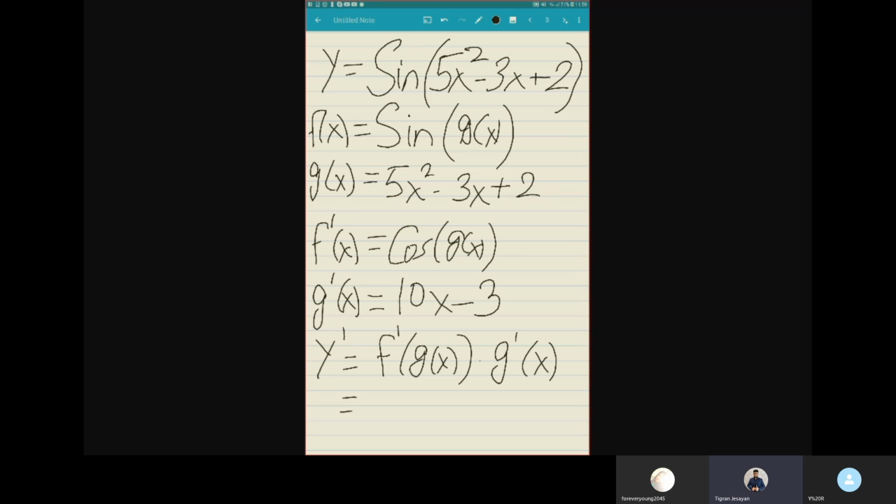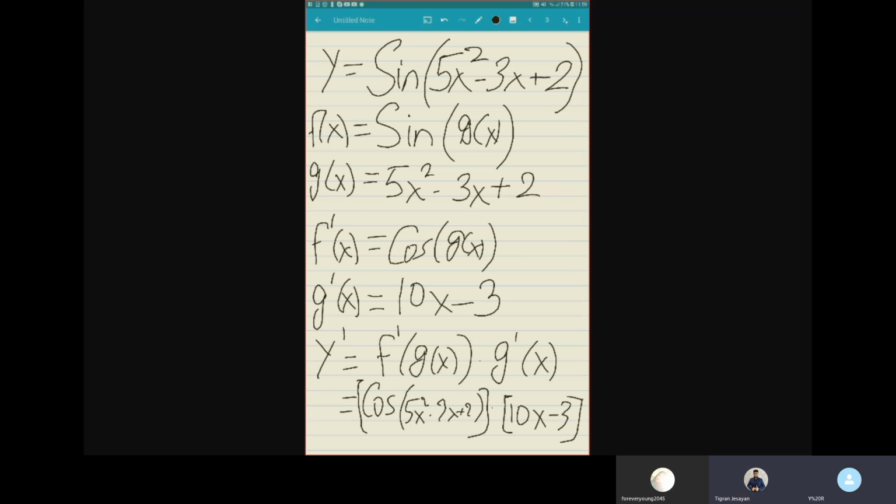And now we fill that in. y bar is equal to cosine of the original g(x), so 5x to the power 2 minus 3x plus 2, times g bar x, which is 10x minus 3.